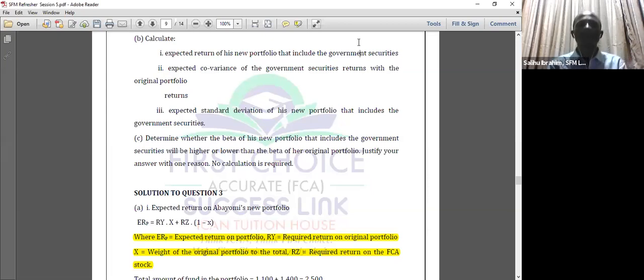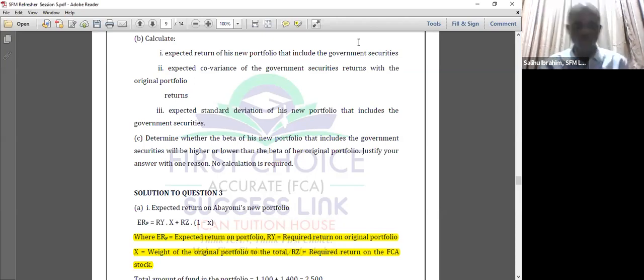Now, covariance is measured as the correlation between the investments multiplied by the standard deviation of the investments. What do I mean? If I want to compute the covariance of two investments, let me say A and B, I will say covariance AB.